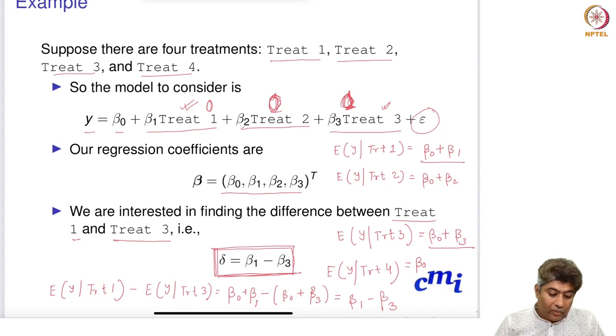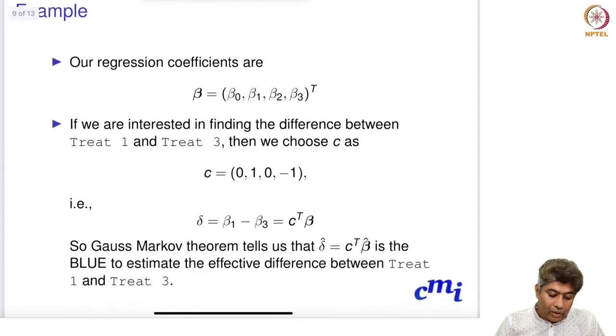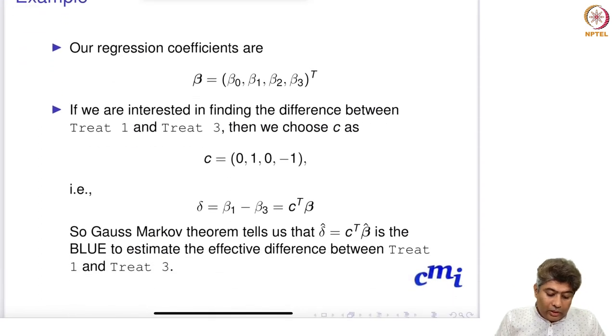So for that, we will simply consider C to be 0, 1, 0, minus 1. You see, if you take C transpose beta, what will you get? Beta 1 minus beta 3.